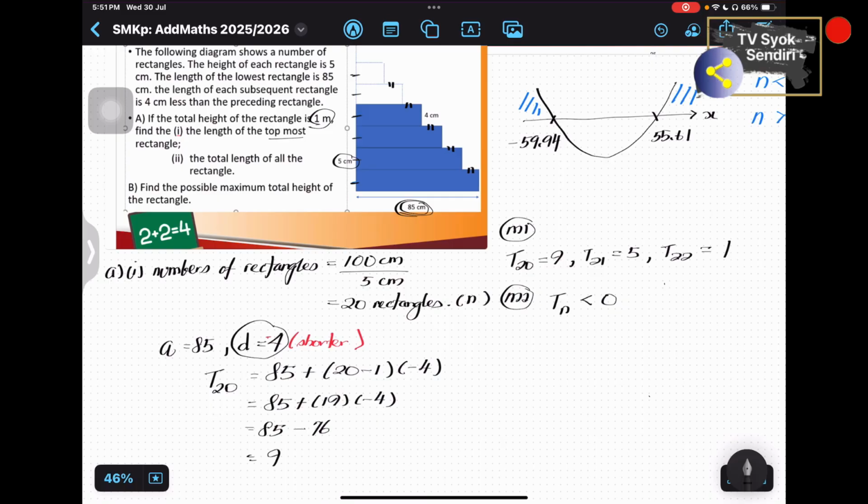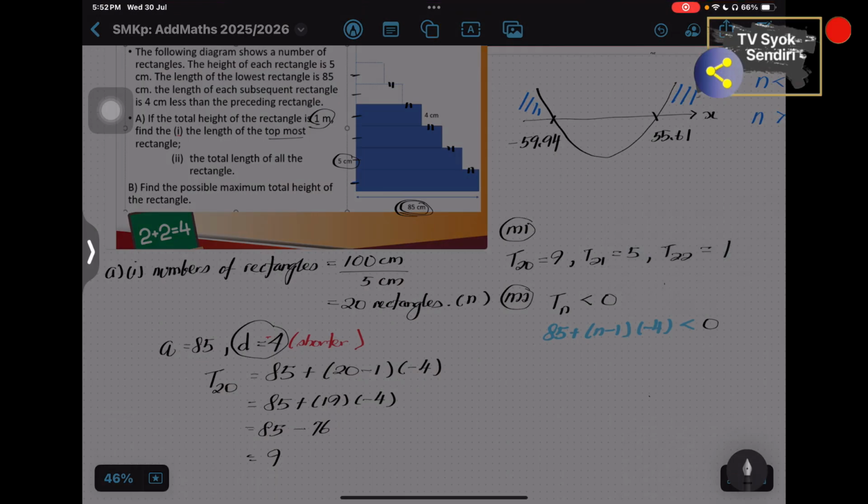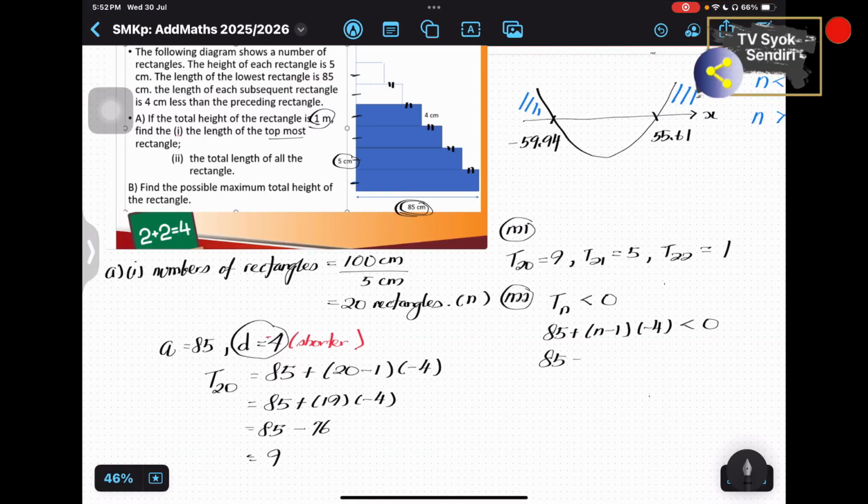Now we're going to use this concept. Your A is 85. My n, I don't know, so just let it be n minus 1 multiplied by -4 less than 0. So 85 minus 4n plus 4 less than 0. So -4n is less than -85 minus 4, which is -89.